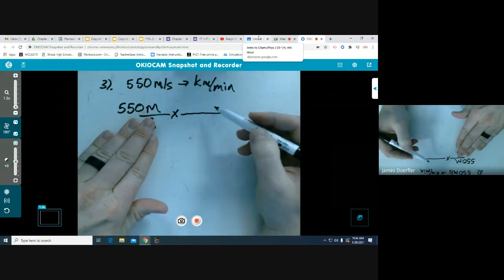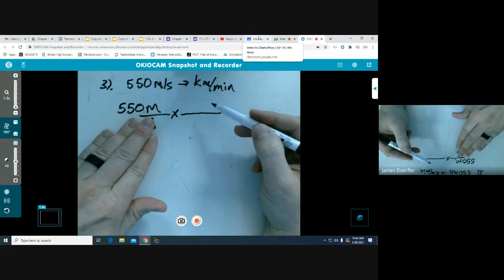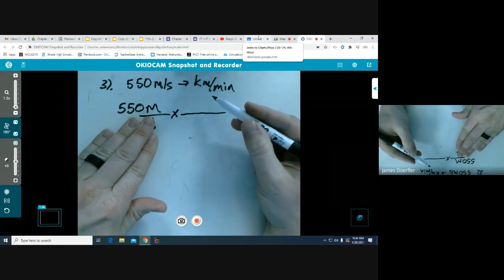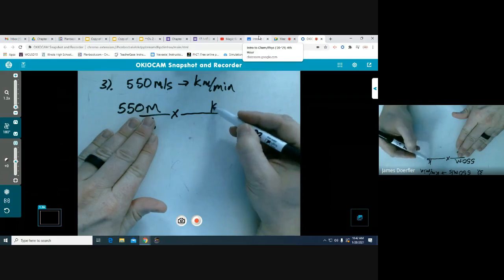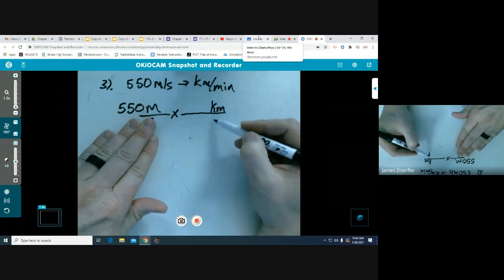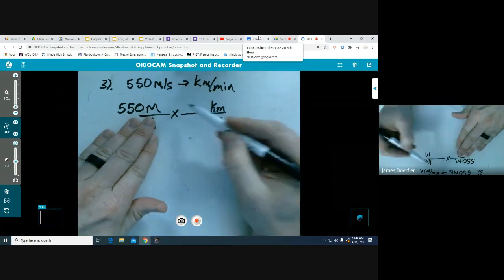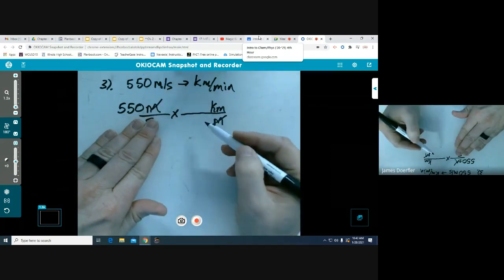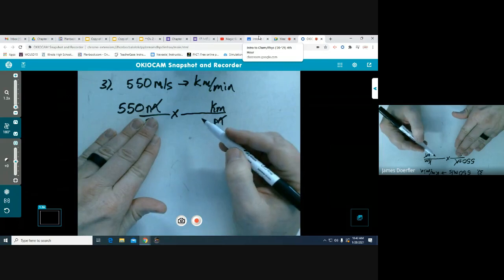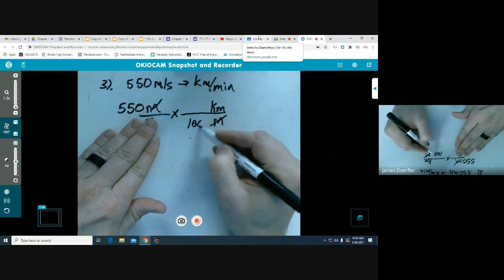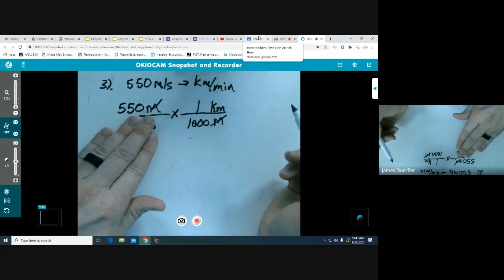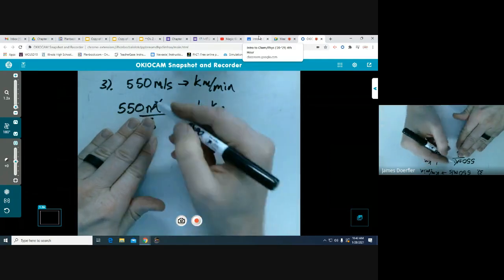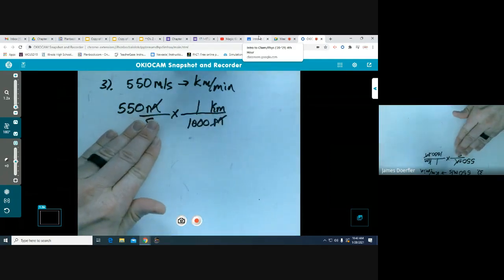First off, what unit has to go on top in this case? km. Very good. Because we need to cross cancel. How many meters again in a kilometer? 1,000. So we put 1,000 here. So now look, we've already taken our step to go from meters to kilometers, right?